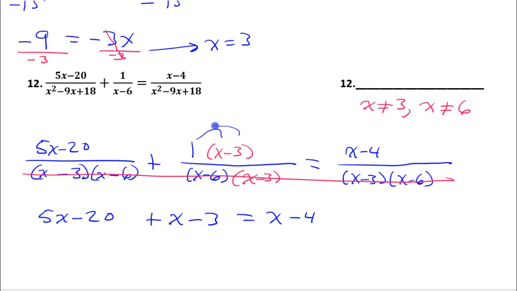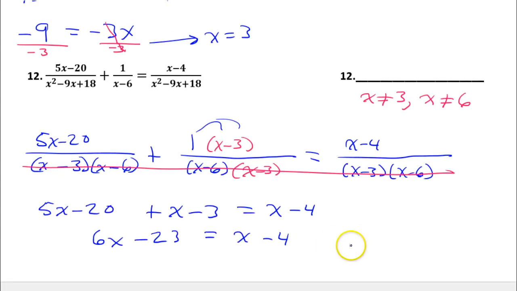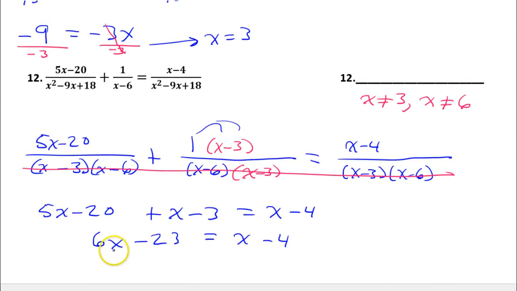Distributing the 1, you just get x minus 3. So I have some like terms over here on the left side of the equation. So 5x and x, that's 6x. Negative 20 and negative 3, that's negative 23. And that's equal to x minus 4. I only have x's, no x squared. So that means I'm just going to get x's on one side and the numbers on the other.